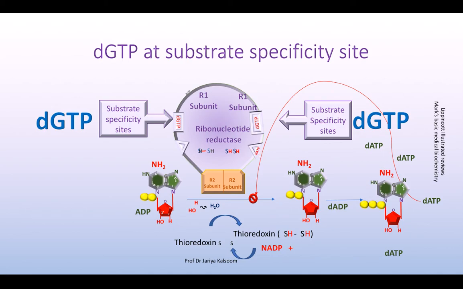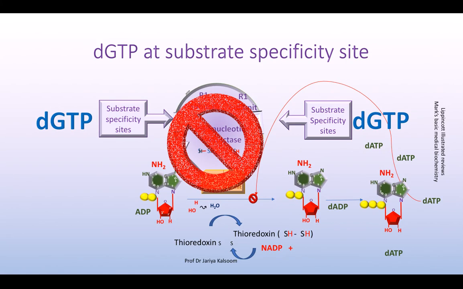So here you can see that DATP is going to occupy the activity site, and now all the deoxy forms of the nucleotides have been generated. As you see that DCTP has been formed, DTTP has been formed, DGTP has been formed, and DATP has been formed. So now this machinery is going to be inhibited in the presence of DATP.